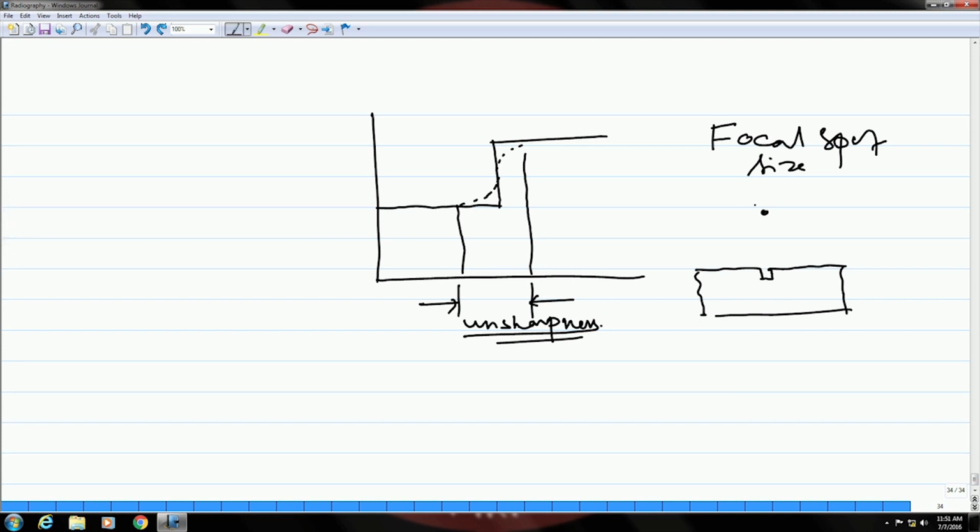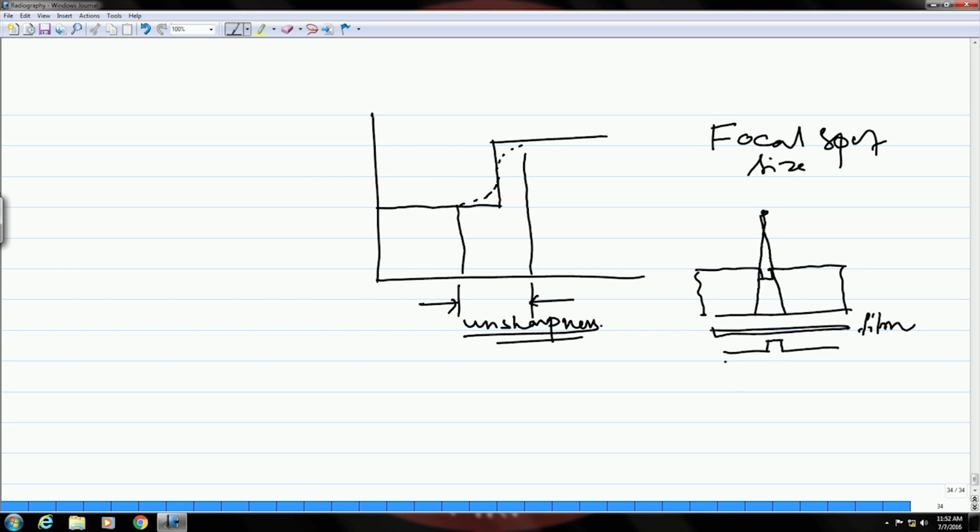And if it is a point source, you know that these rays are coming from only one point and going through this object and the boundaries of the object, and as a result when you keep the film here, you can reproduce the boundary exactly like this.